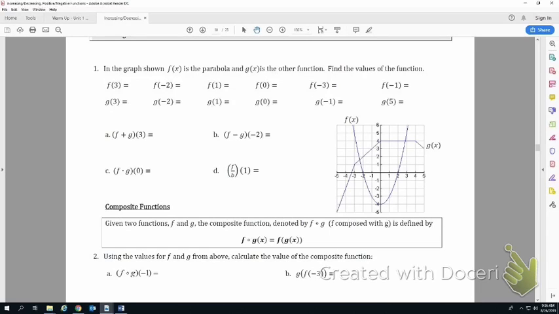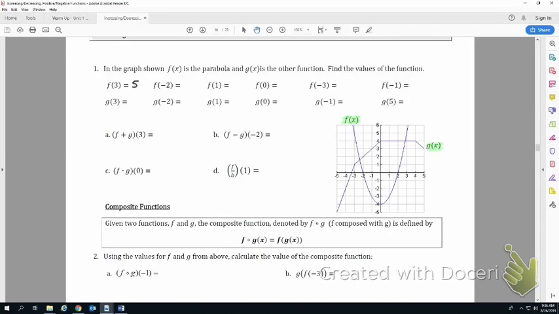If I'm doing f of 3 and looking over here at this graph, make sure you know f of x is the parabola, g of x is the other graph. I'm not sure what to call that exactly. But so if it's f of 3, I'm going to go to the x value of 3 right here on the graph. I'll go up to where it's hitting the parabola. That y value is 5. So f of 3 is 5.